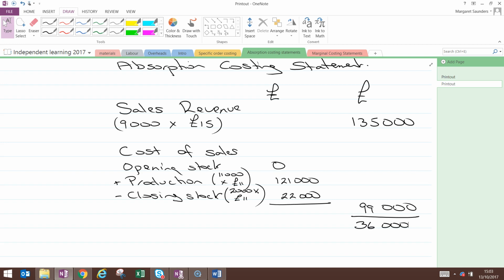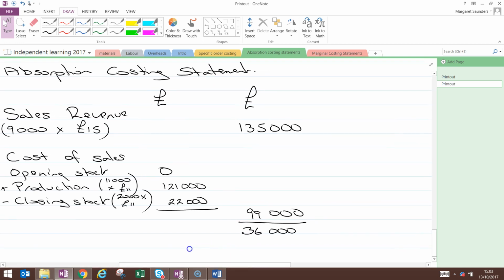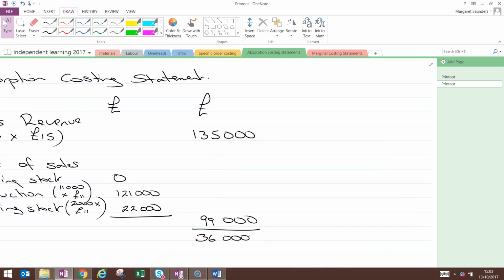We need to see if there was any under or over absorption. So, as we did before, we have produced 11,000 units. That will have taken us 5,500 hours.